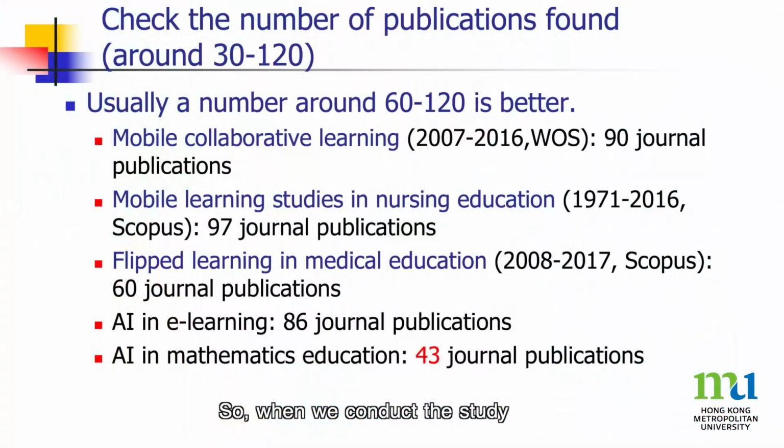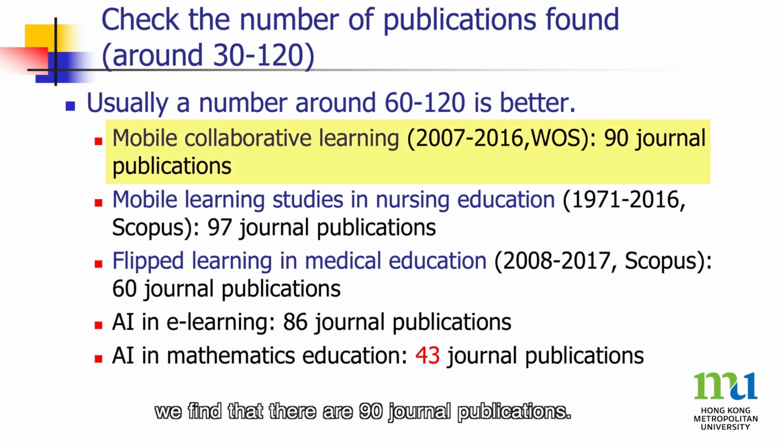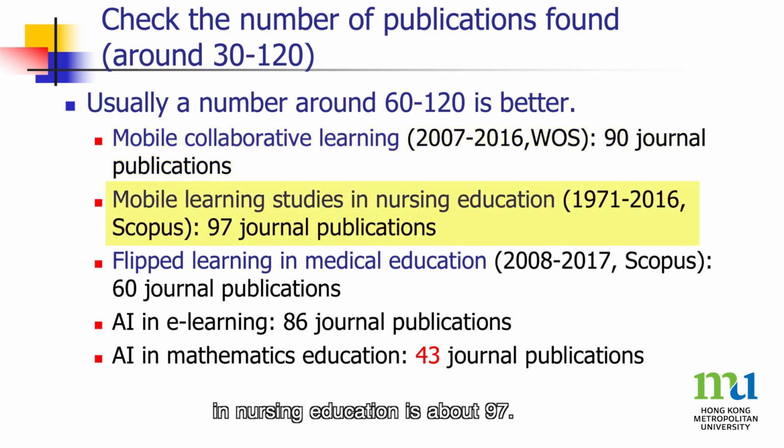So when we conducted the study about mobile collaborative learning, we found 90 journal publications, and then we published the study. The review of mobile learning study in nursing education had about 97, because mobile learning study in nursing education is not much. So we reviewed from 1971 to 2016, because the number is not many.